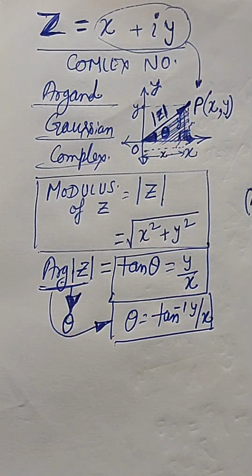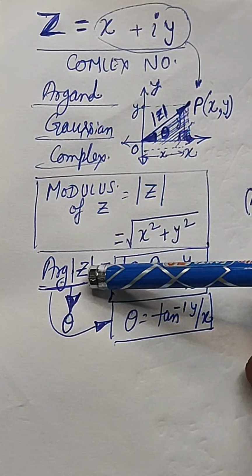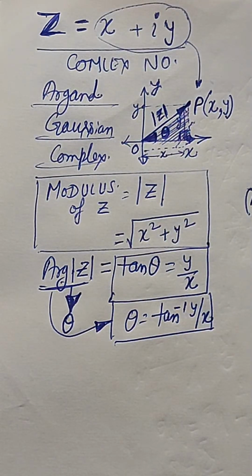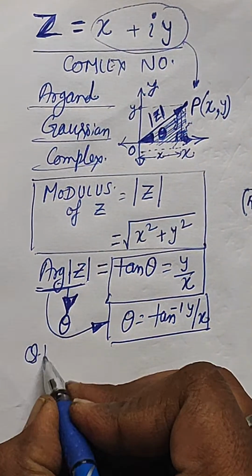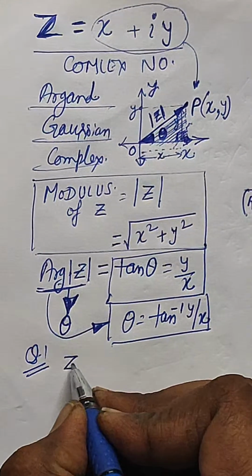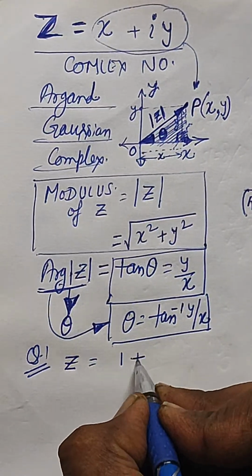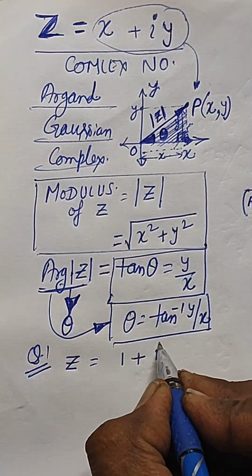Now let us solve a few questions quickly so that we can understand these two concepts of modulus and argument. We will also see how to represent the complex number in polar form. Quickly taking up a question which I put in my source yesterday, question number 1 for today: the complex number given to you is z equal to 1 plus i.